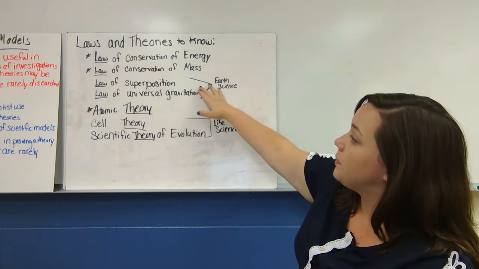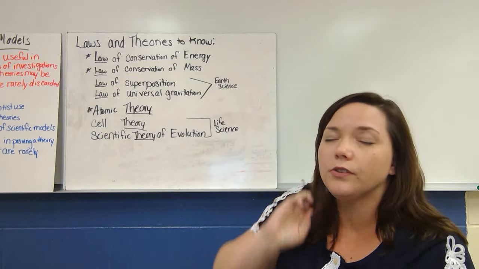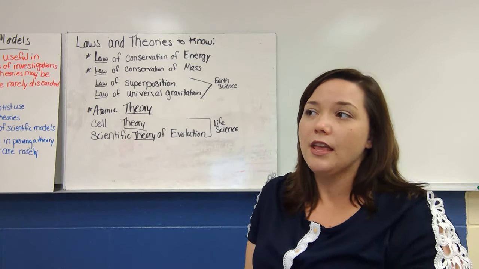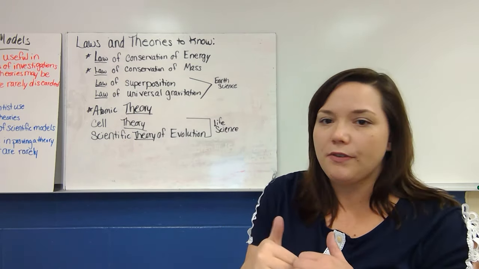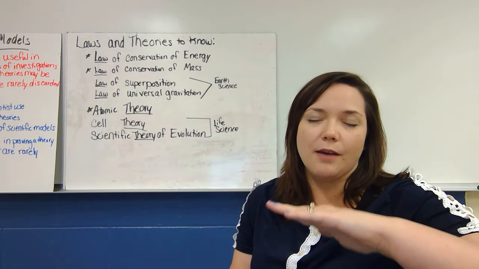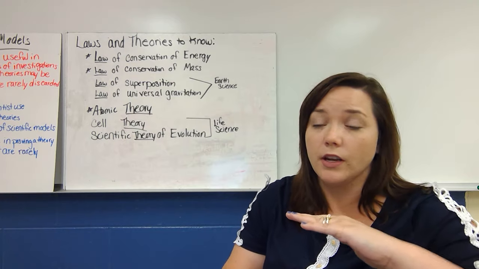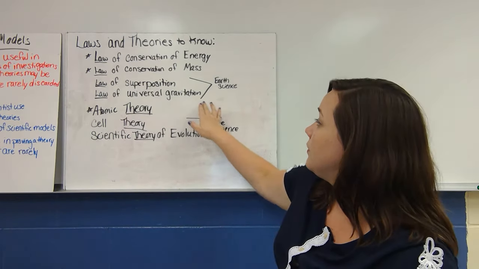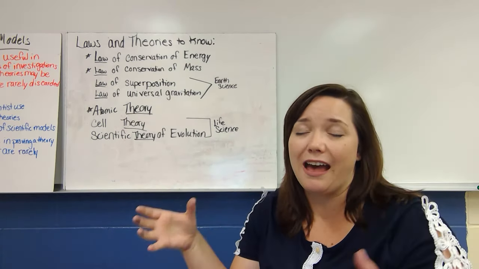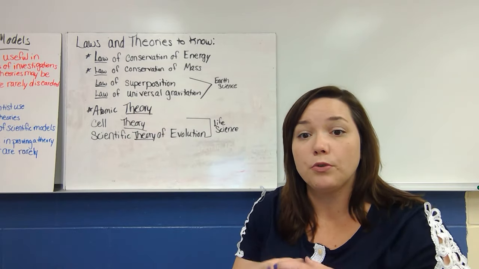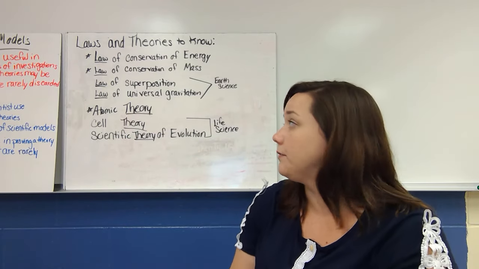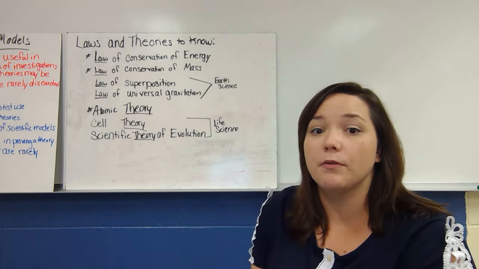The law of superposition, you should know from earth science. Superposition talks about how if there's not a fault line where we've had folding and things, the top layer of Earth should be the youngest layer and the lowest layer should be the oldest layer of Earth. The law of universal gravitation talks about how different objects in space will react upon each other based on gravity. Atomic theory is another thing that we're going to talk a lot about.